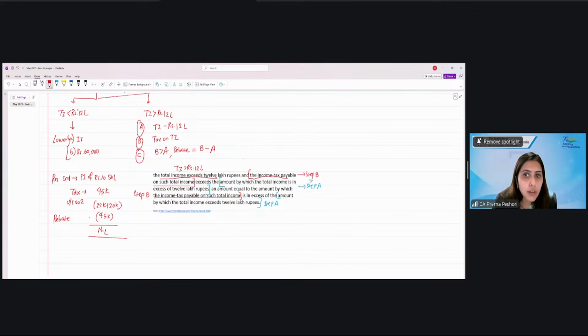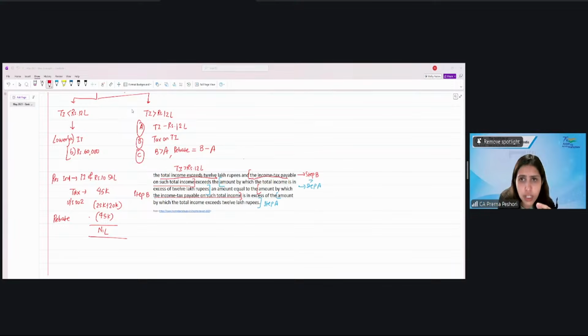Are we getting this point? This is how you will calculate if your total income is exceeding 12 lakh rupees, and this is allowed as the deduction.